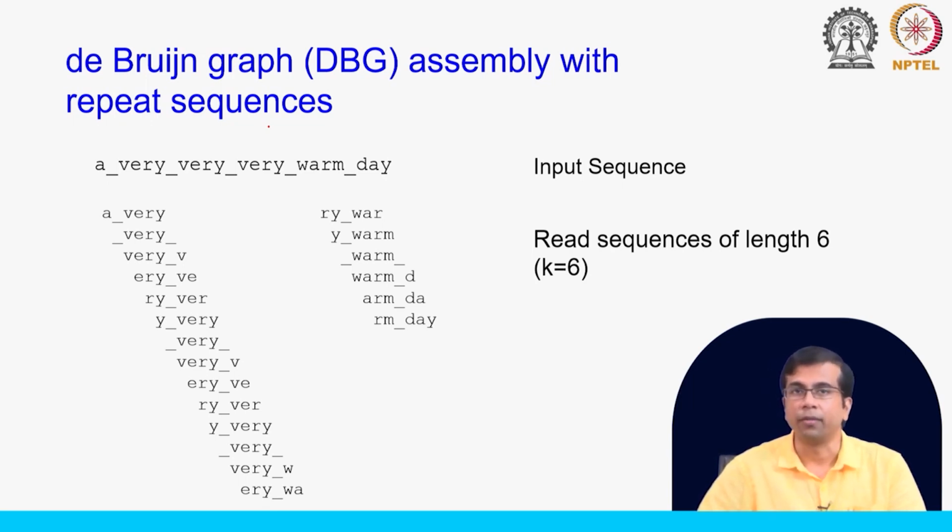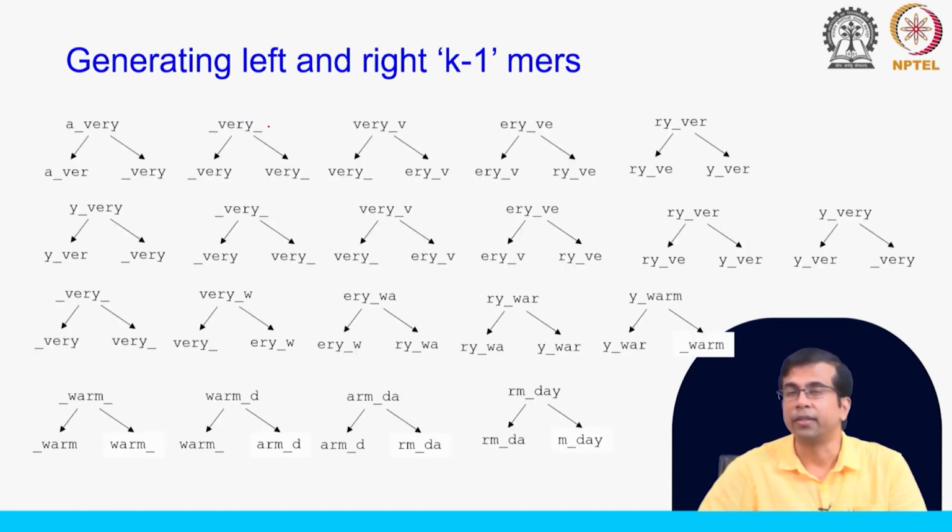Now, with this ideal scenario, we build all these left and right k minus 1 mers. Of course, I will not have time to describe all this, so you can see them on your screen. You can take a pen and paper and derive all these left and right k minus 1 mers yourself, following the same process that we described before.